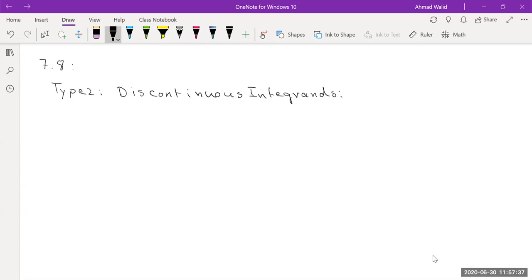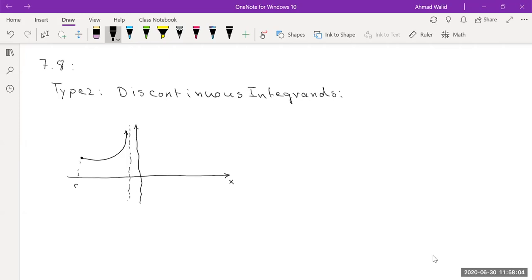Look, I'll draw 3 graphs here for you and I'll explain everything. For example, I have a function f of x, something like this maybe. Here, maybe I have a vertical asymptote.